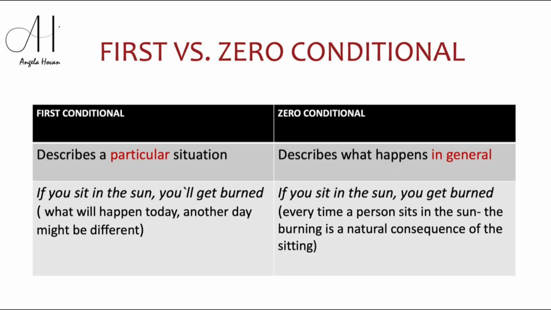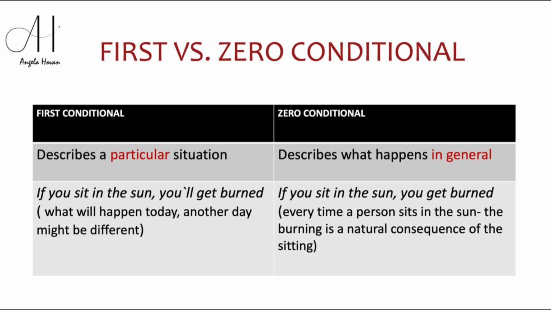Let's look at the difference between the first conditional and the zero conditional. The first conditional describes a particular situation, while the zero conditional describes what happens in general. For example, if you sit in the sun, you get burned. That's zero conditional.